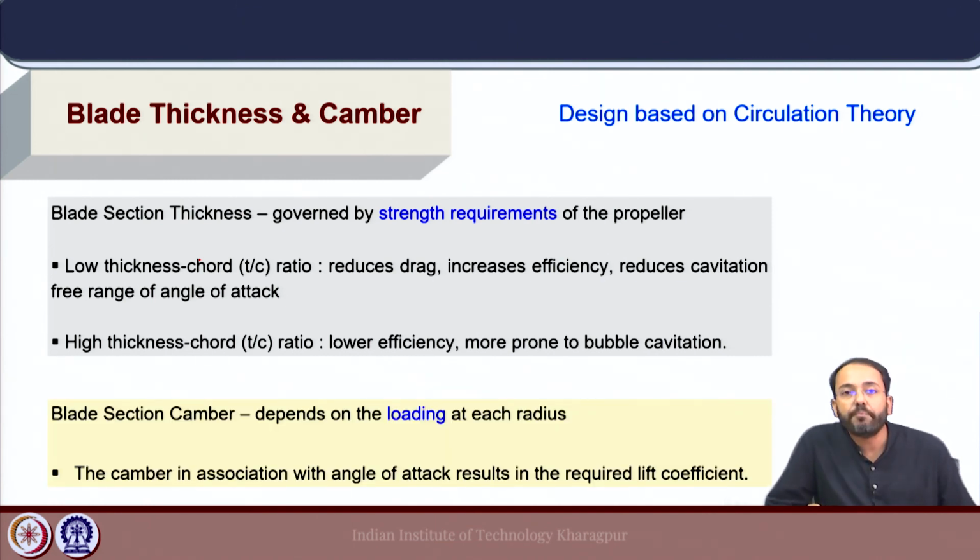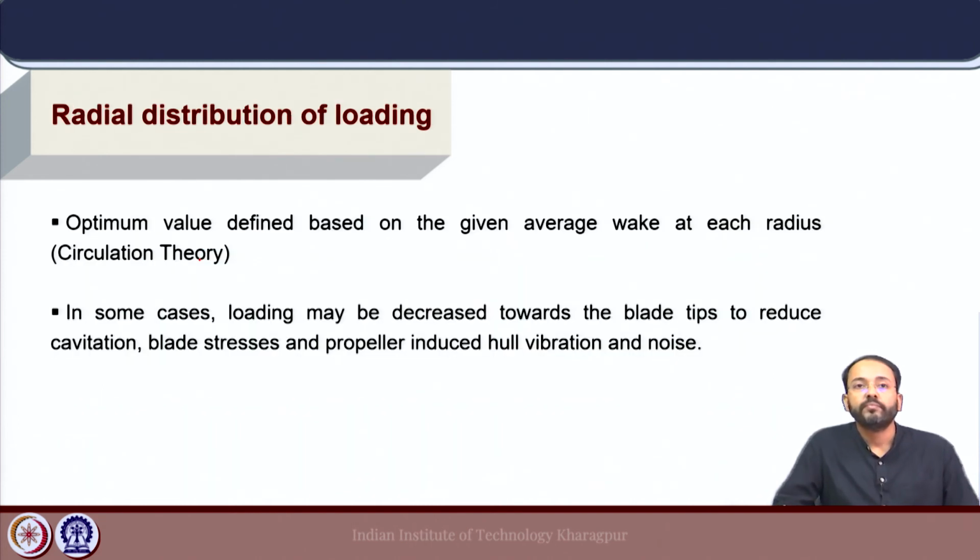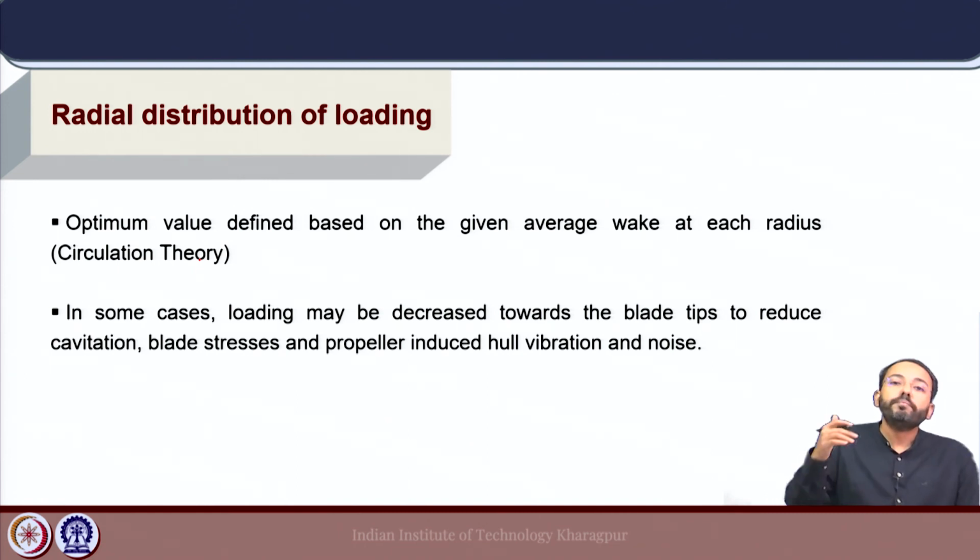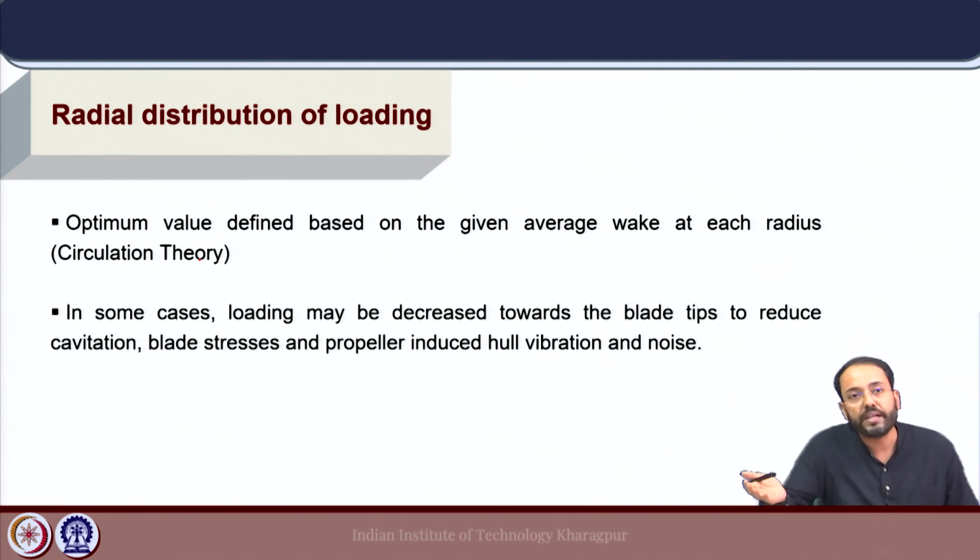Now, the blade section camber basically depends on the loading at the different radial locations of the propeller blade, and the camber can be chosen in association with the angle of attack to generate the required lift coefficient of the propeller blade section. And finally, the term radial distribution of loading means the radial distribution of the circulation based on the thrust loading on the propeller blade, and an optimum value based on the required parameters can be chosen when the designer is opting for the circulation theory based design.